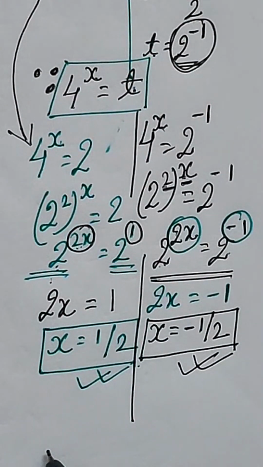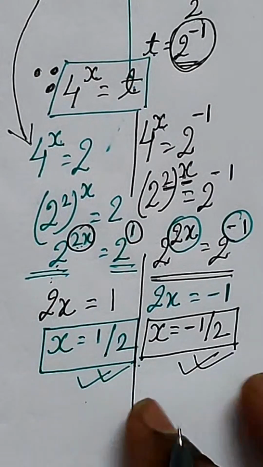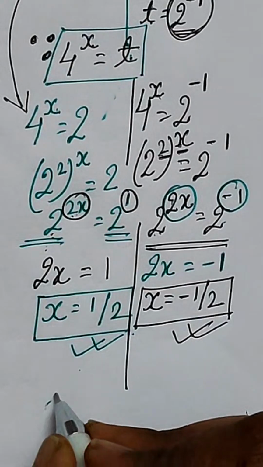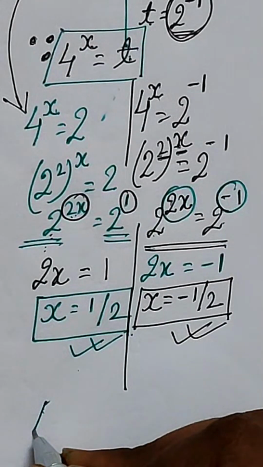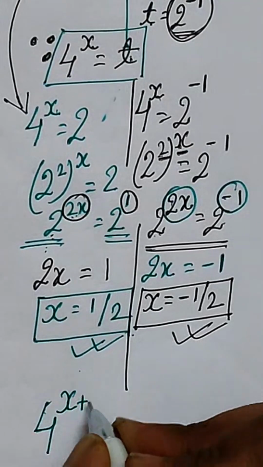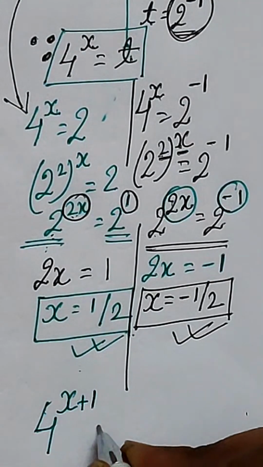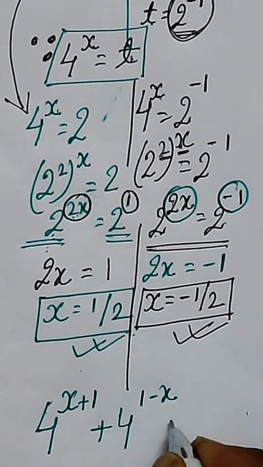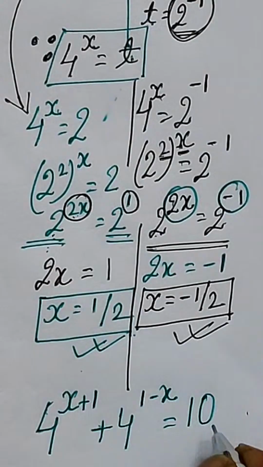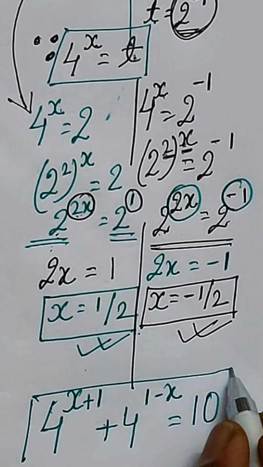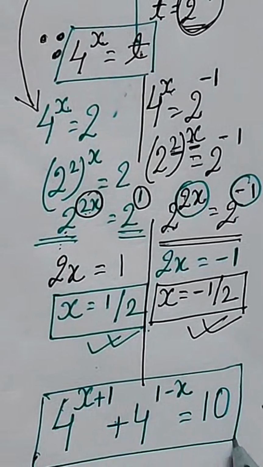These are the solutions for 4 power x plus 1 plus 4 power 1 minus x equal to 10, which was our question.